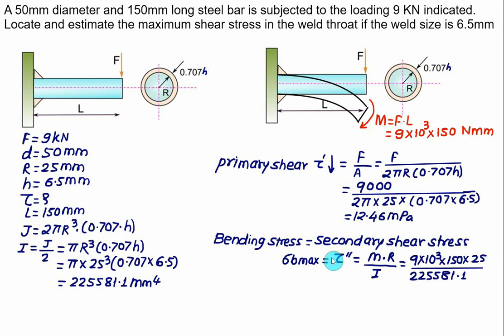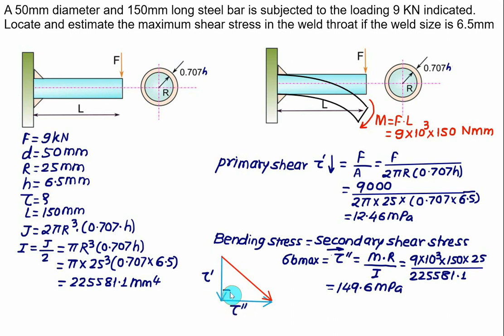This secondary shear stress will act in a horizontal direction. So two stresses will act perpendicular to each other. It is close to 149.6 megapascal.